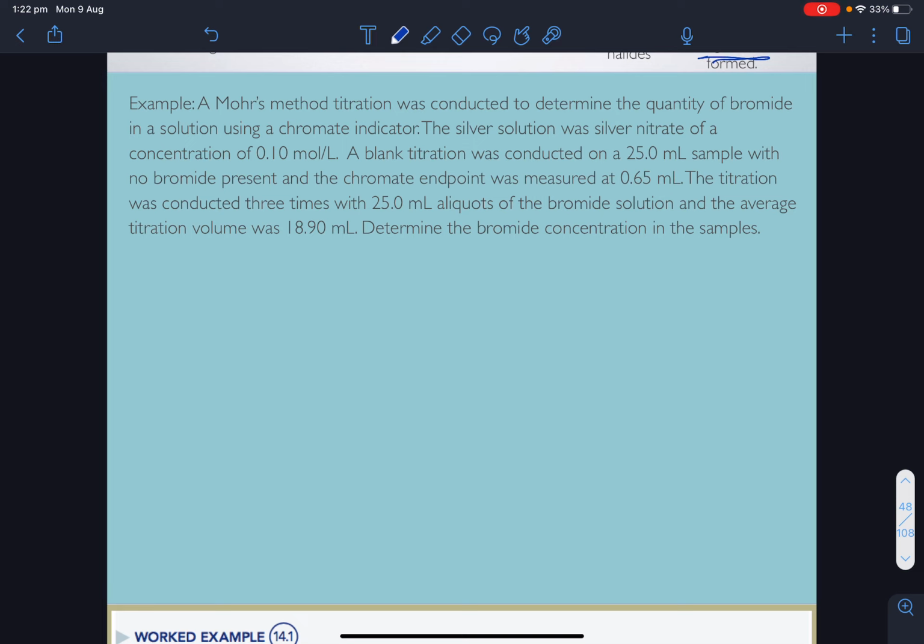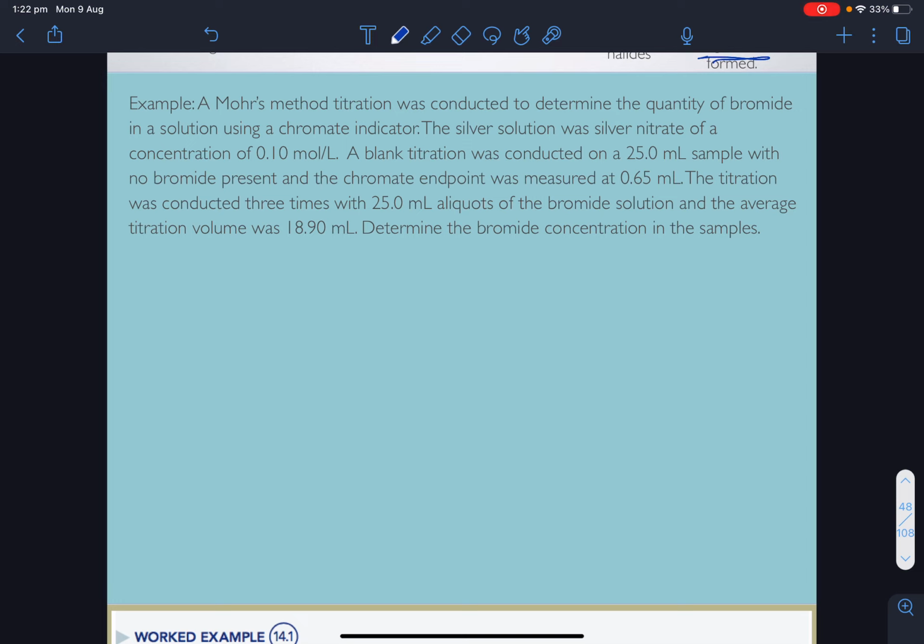The titration was conducted 3 times with 25 ml aliquots of the bromide solution, and the average titration volume was 18.9 millilitres. Determine the bromide concentration in the samples. Okay, a lot of words.